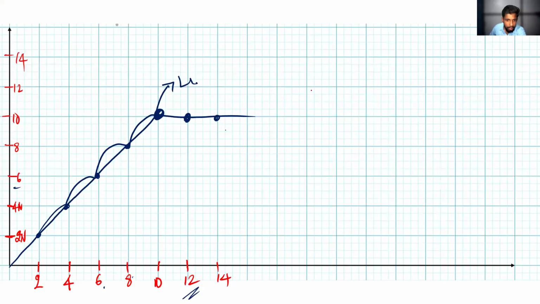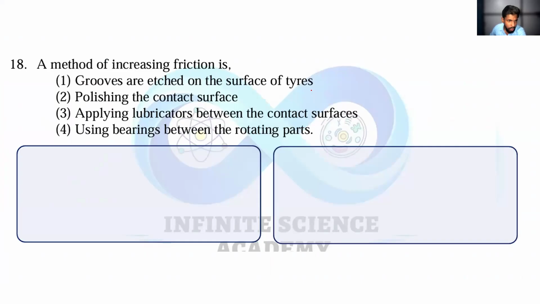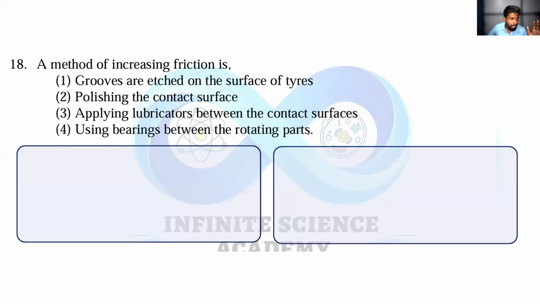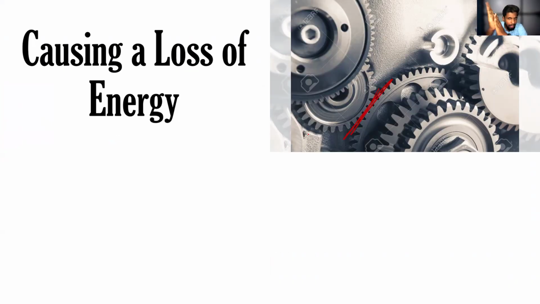Now, related to the frictional force, how to increase and how to decrease it. Bilal, in machineries, when surfaces are rubbing each other, for example, if you rub your hands like this, what will happen?